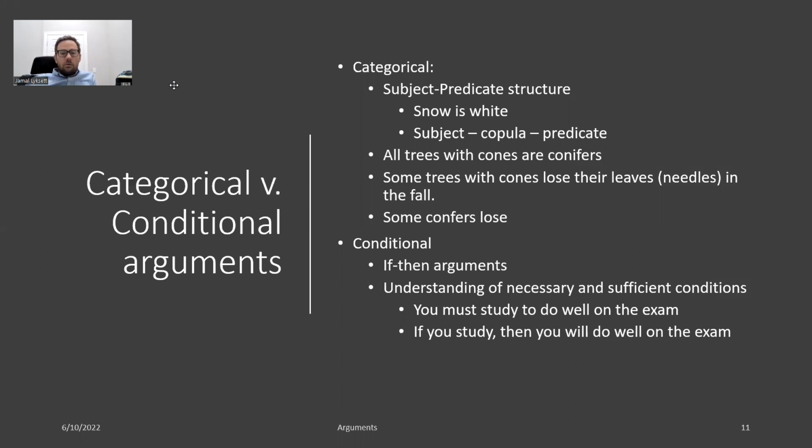All trees with cones are conifers, right? We have the subject, all trees with cones, the copula are, and the predicate, which is conifers. Some trees with cones lose their leaves or needles in the fall.